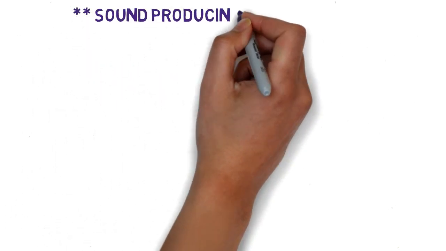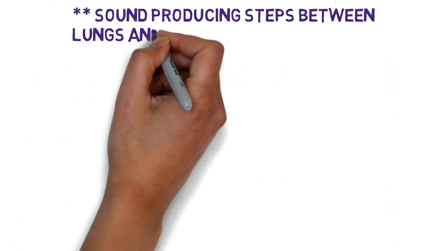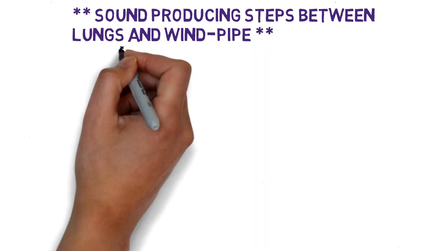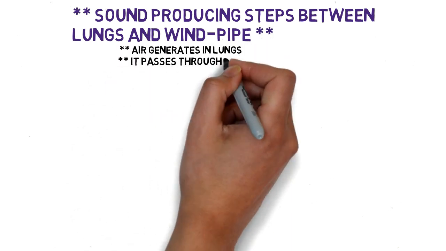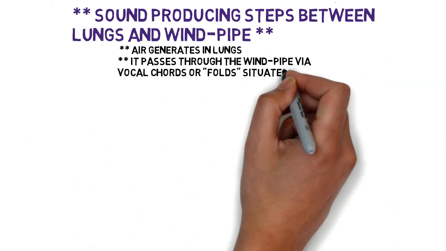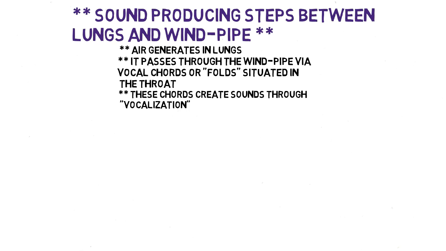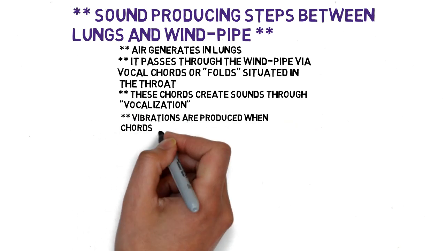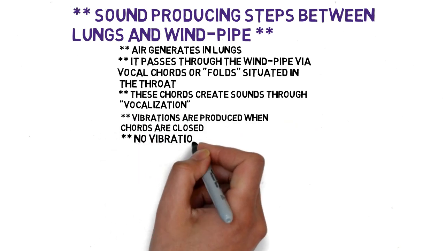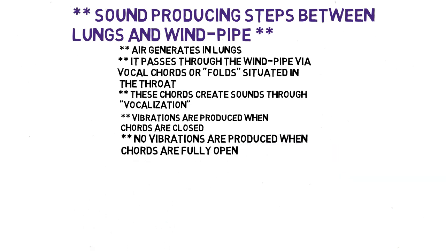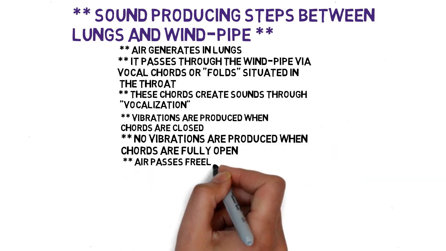First of all, we must remember that airflow is the first and the most essential element of sound production. This air flow or pressure is generated in the lungs. The air from the lungs moves towards the windpipe.